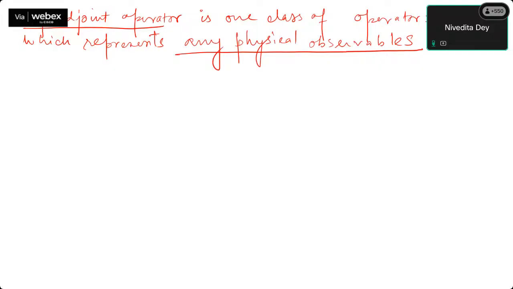And these self-adjoint operators are alternatively called Hermitian operators.